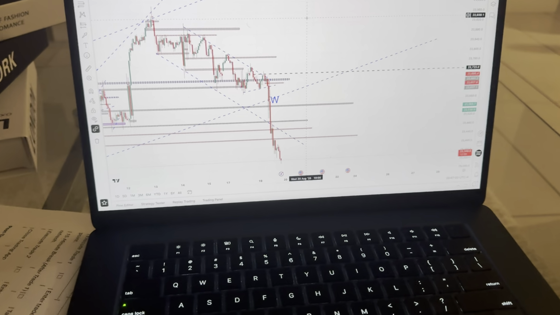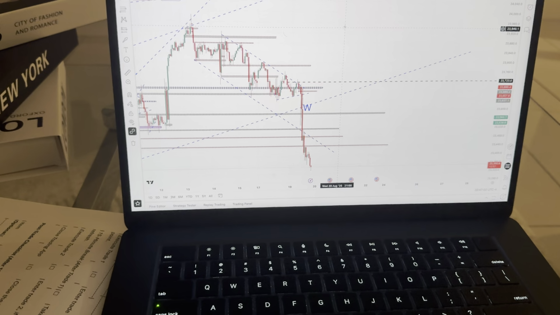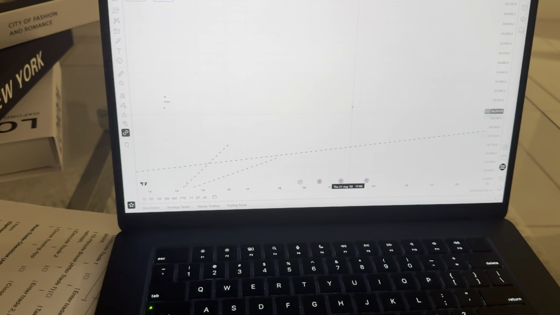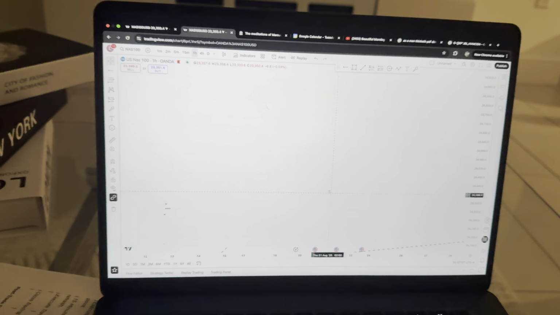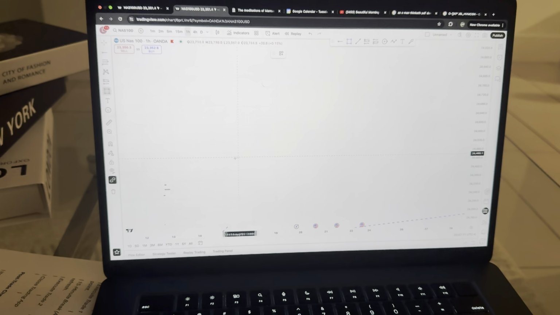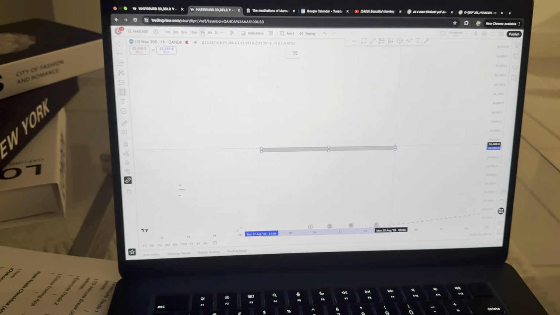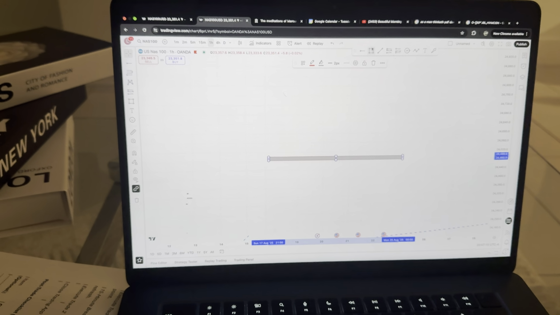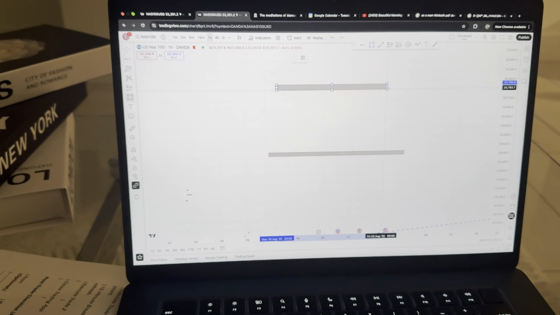So guys, again, I want us to understand the concept of how market makers move the market. This is how you should be reading the market. For example, if the market gives us our support, and then the market has given us our resistance.